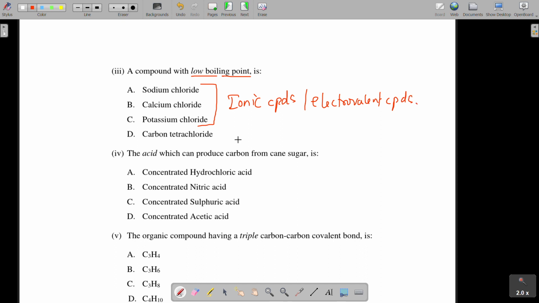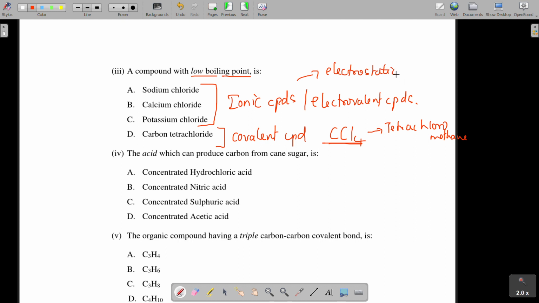Carbon tetrachloride is a covalent compound, CCl4. Carbon tetrachloride is the common name of CCl4. Its IUPAC name will be what? Tetrachloromethane. Okay. And ionic compounds, because of strong electrostatic force of attraction, have strong bonds.